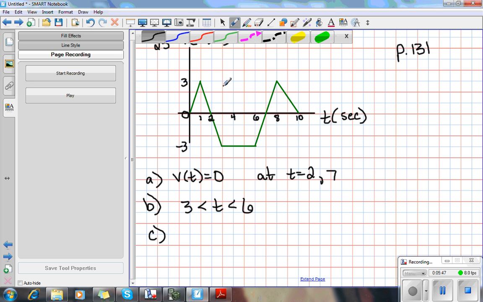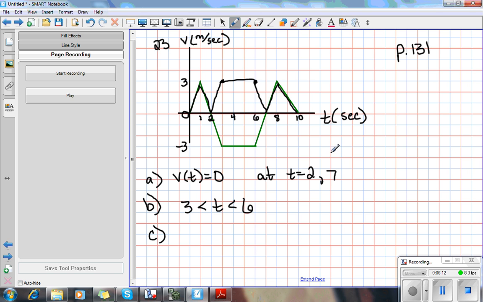So this point is going to get mapped up to this point, and so my graph is going to end up going up, over across here, and down. The other portion of this is going to stay the same, and that would be the speed. Okay, so the negative portion gets flipped over the t-axis.